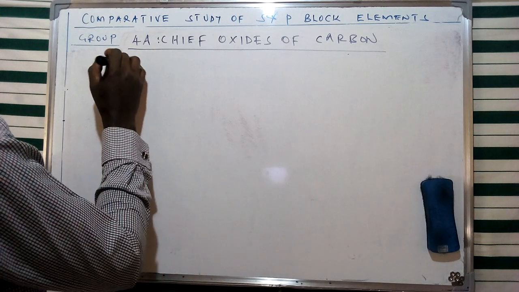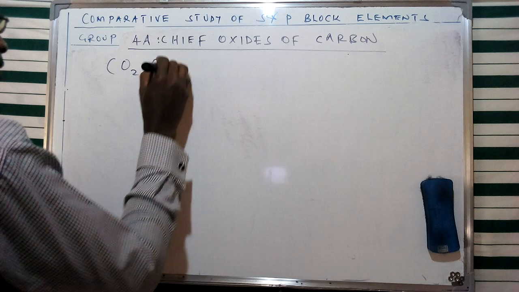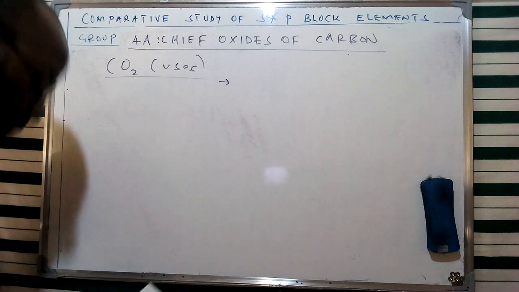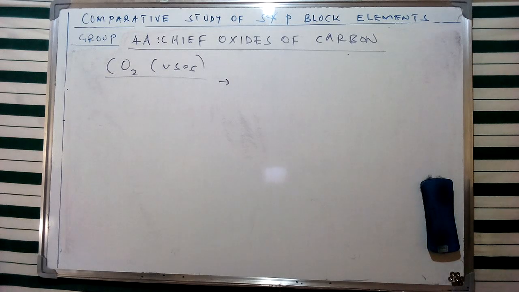So there are a wide range of uses which we are going to come across for this specific product of carbon. Some of the uses are going to be industrial, and perhaps in our natural processes such as photosynthesis.